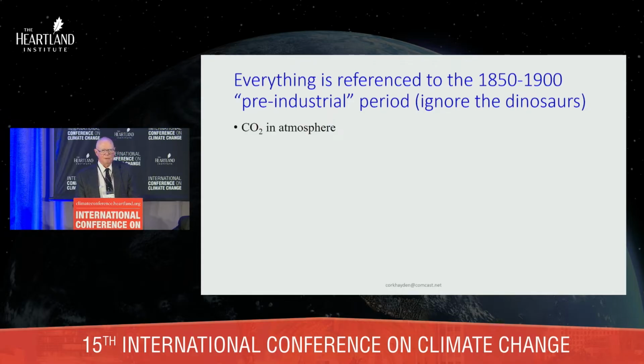Okay, so everything is referred to that particular pre-industrial period. That's talking about CO2 in the atmosphere, the temperature rise, and radiative forcing. In other words, there was zero radiative forcing in the period 1850 to 1900.